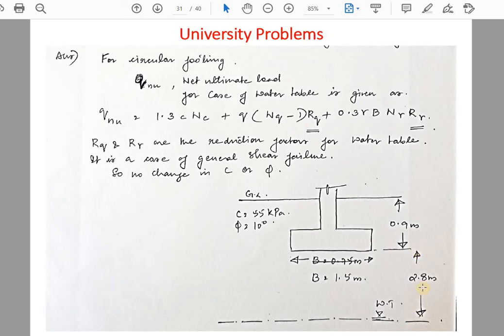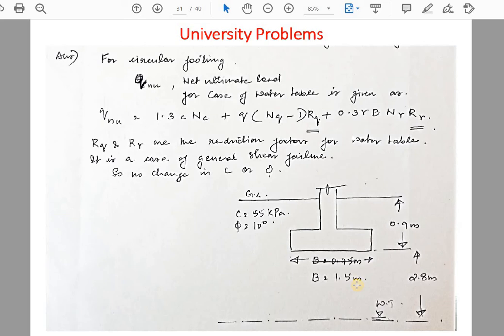So when the water table is at a depth of 2.8 meter from the base of the footing, then there is no effect of this water table because it is at a depth greater than this 1.5 meter. Already I told you, when the water table is at a depth greater than the width of the footing, then there is no effect of water table.